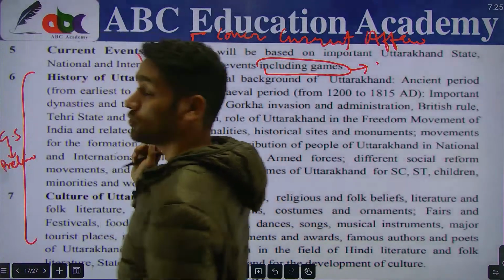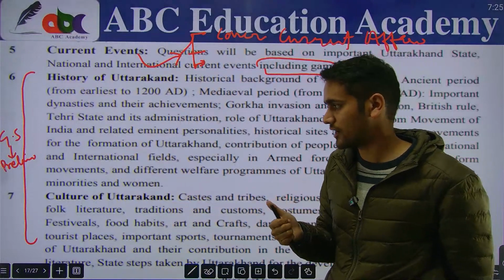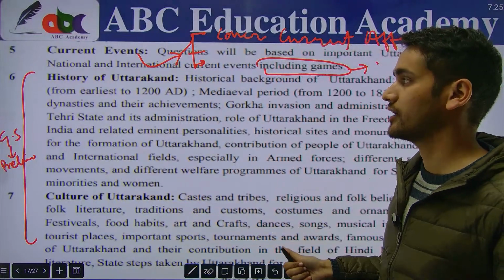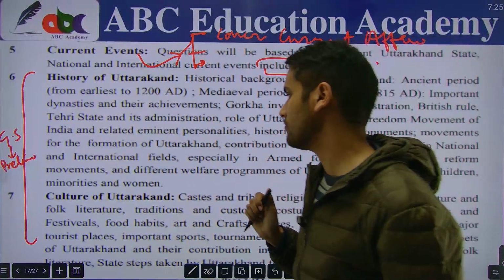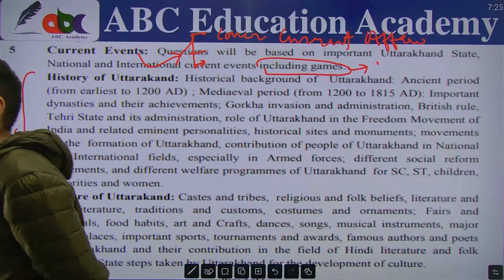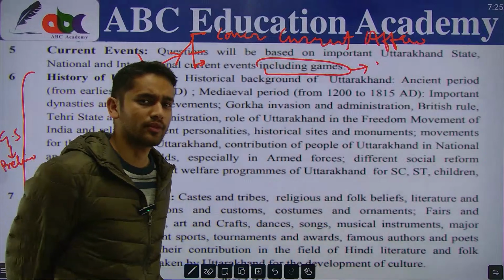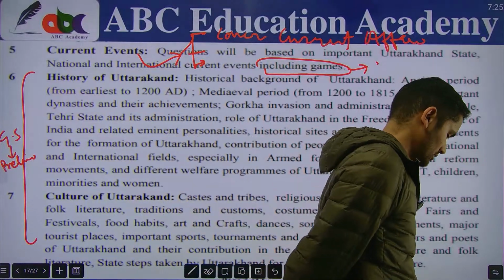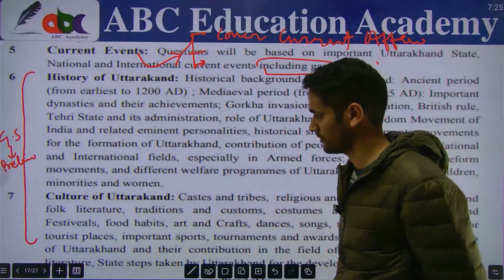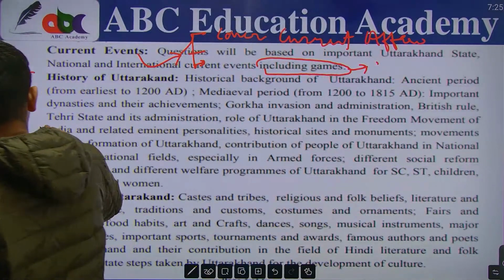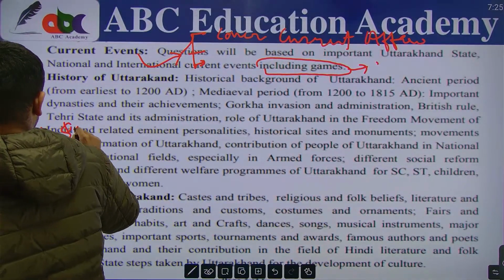You have to cover the history of Uttarakhand and culture of Uttarakhand in detail. Generally, I have found that students from English medium don't take the Uttarakhand section very seriously.